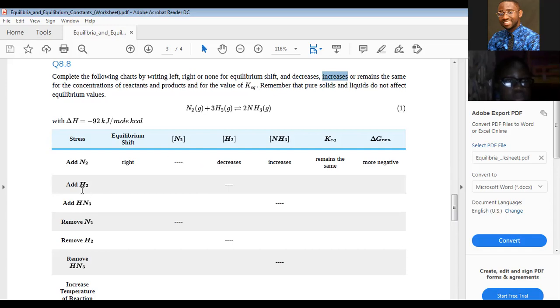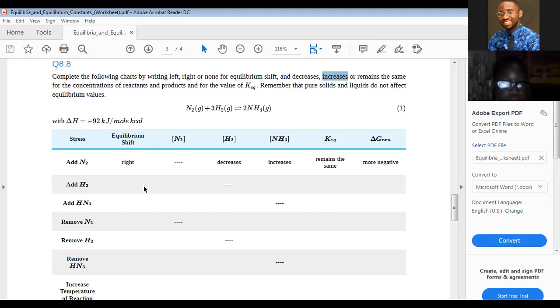Now, what happens when we add H2, that's hydrogen? Where would equilibrium shift to? To the right. Okay.